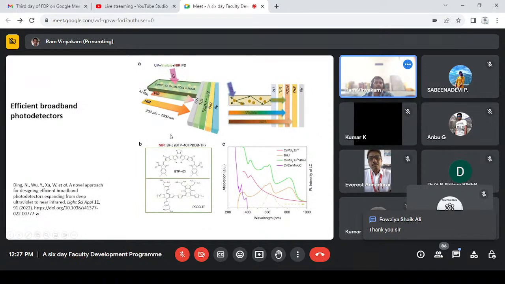One issue with this perovskite is stability. Since they are mostly halides, when they are exposed to moisture, temperature, and even UV, they tend to deteriorate over time.